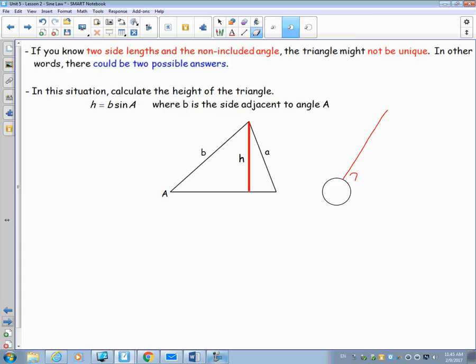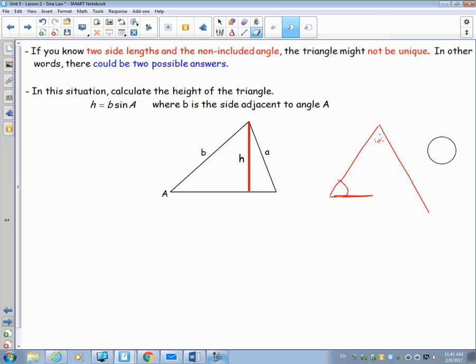In the previous example, we had Albert, we had Bell, and we knew the angle over here, this one. But I didn't know the angle between them in the middle there. That caused ourselves some confusion. So if we come across that situation, we have a non-unique solution. There might be two possible answers.